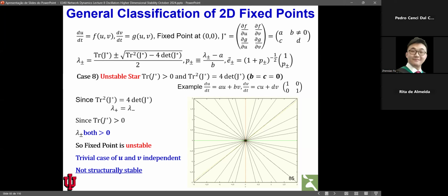But you have something which is larger than 0, so it will diverge. But it will diverge at the same velocity, so the trajectories that you have here won't make any curve. This is not the case of U and V independent, not structurally stable.